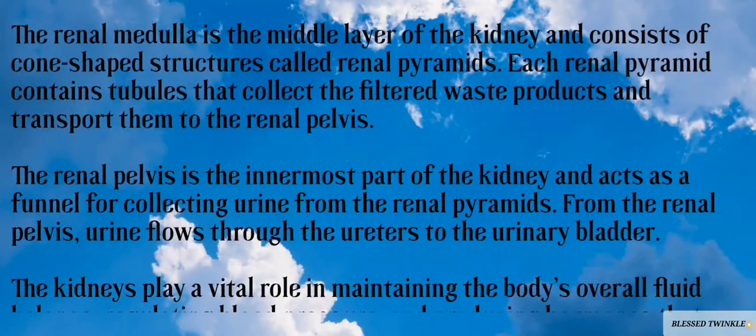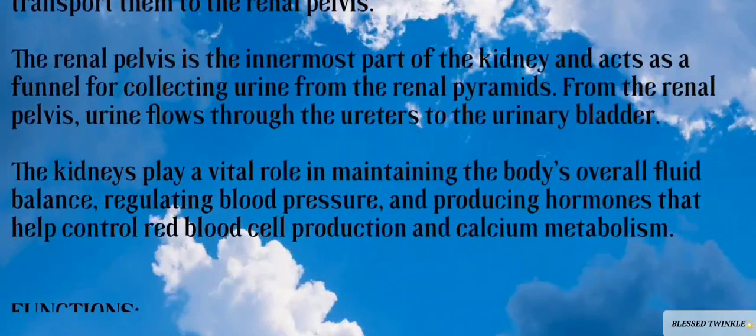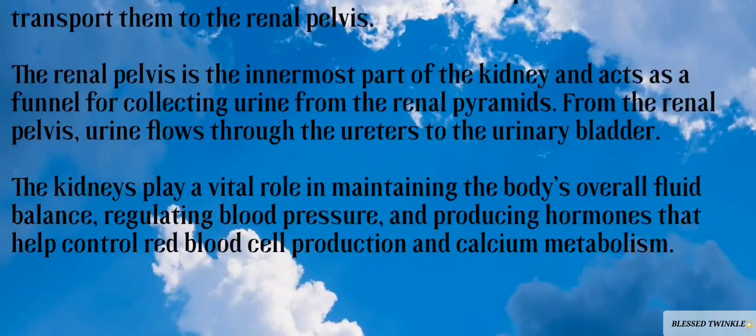Then we have the renal pelvis, the innermost part of the kidney, which acts as a funnel that collects the urine from the renal pyramids. From the renal pelvis, urine flows through the ureters to the urinary bladder. Here is the conclusion to the structure of the kidney.